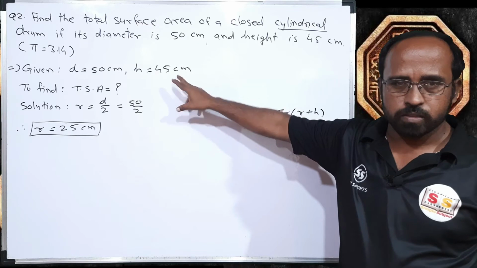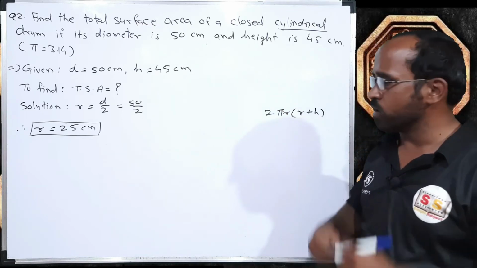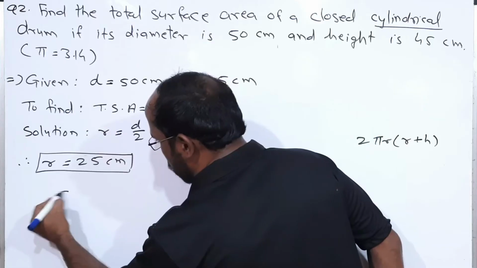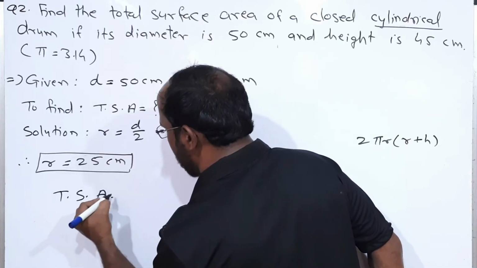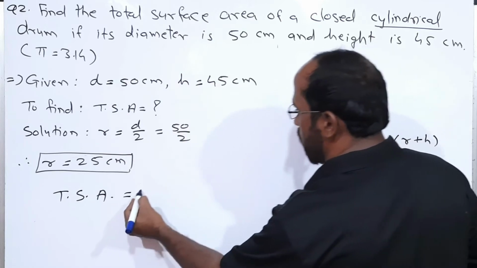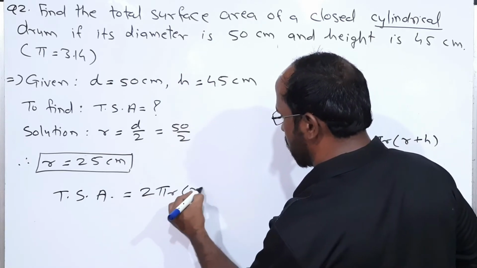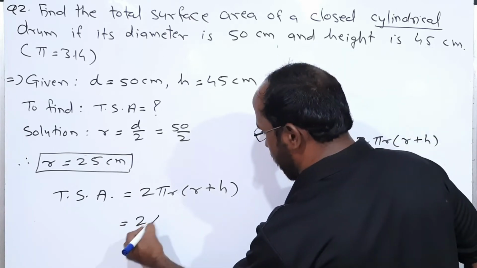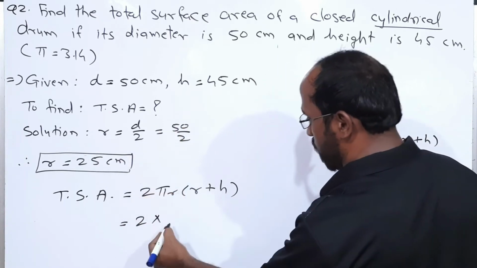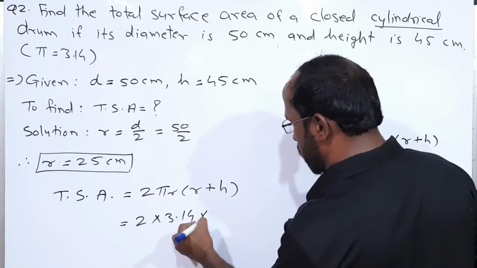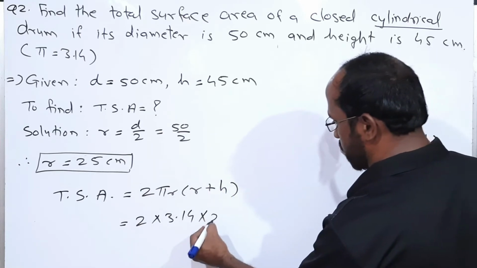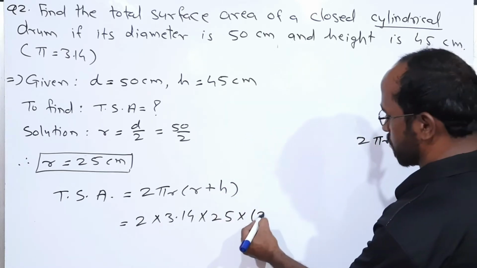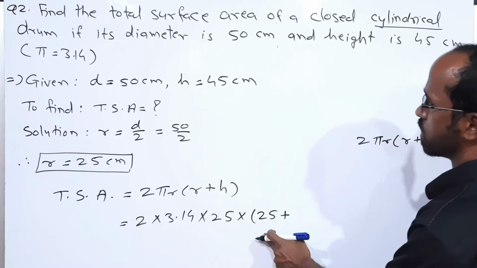Height is also given in centimeter. Everything is given in centimeter. No need to change any kind of unit. Just bang on target. Total surface area is equal to 2 pi r into the bracket r plus h. Replace the values. 2 multiplied by pi, we have to use 3.14, into r, that is 25, into the bracket r plus h, r is 25 plus h is equal to 45.